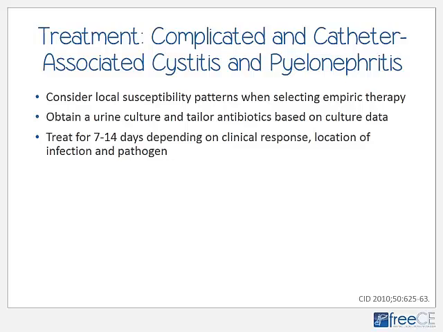So if you've got additional questions about complicated or catheter-associated infections, I would be happy to answer them. But I think if you follow these general principles and then use the slide that talks about typical IV antibiotics used, I think you would be just fine.